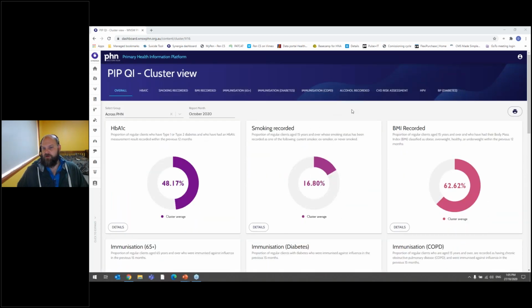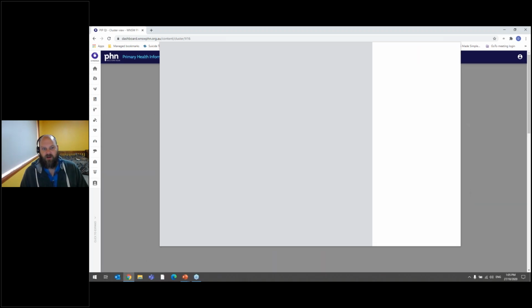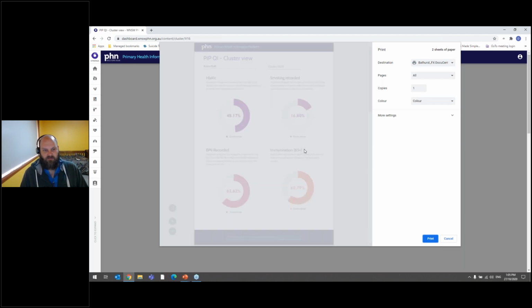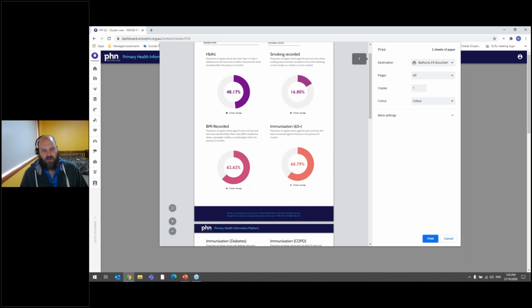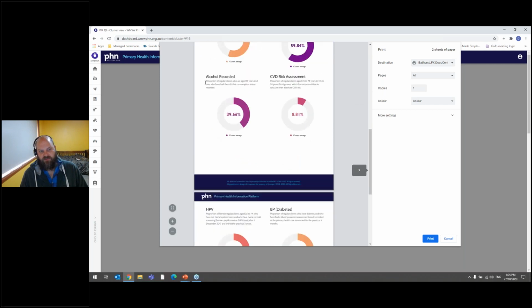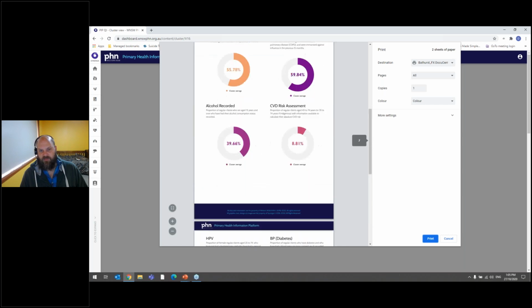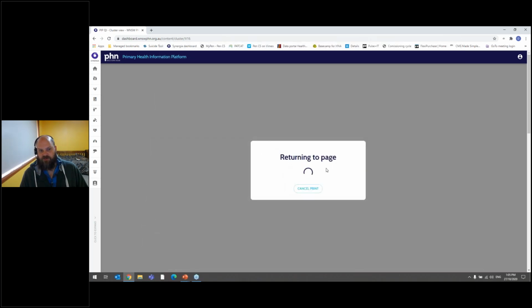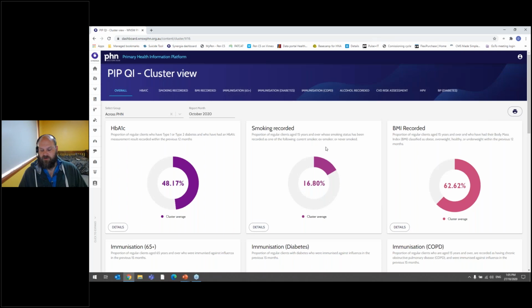If you want to, for educational purposes within your practice, take a quick snapshot, you can click the print button here, and you'll be able to print each of the overall pages. It will show you a snapshot of each of the indicators and how your practice is reporting for each of those. So you do have that option for internal quality discussions.